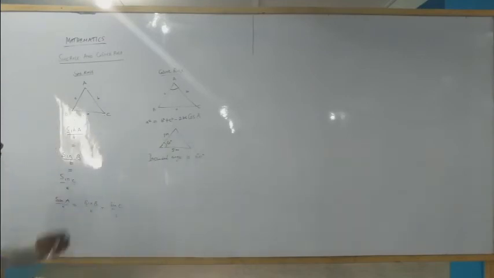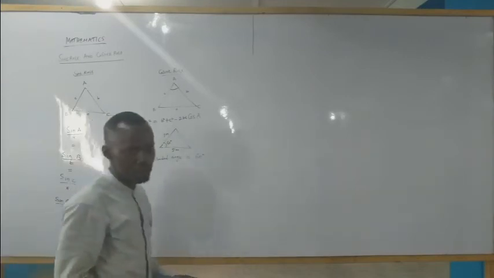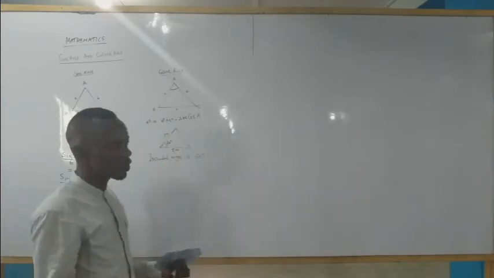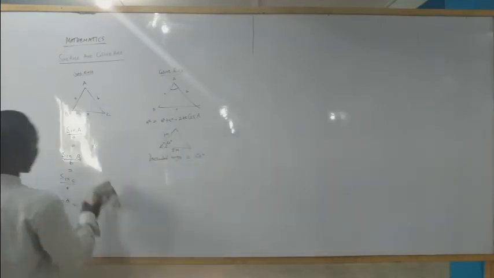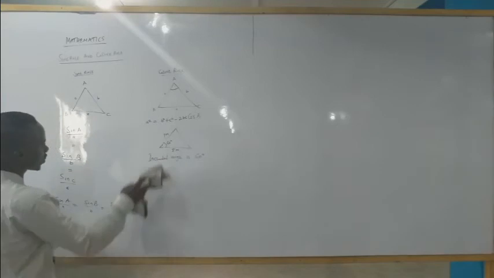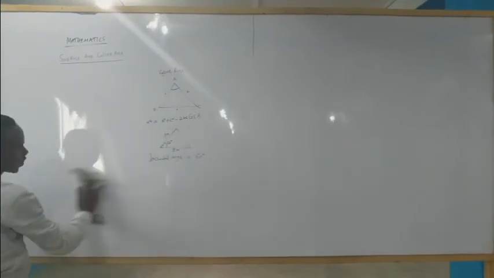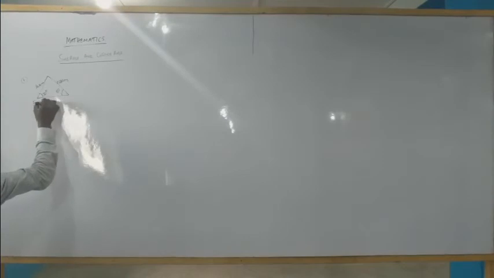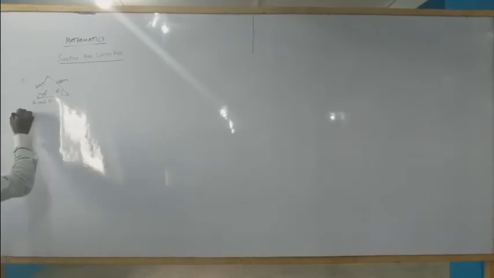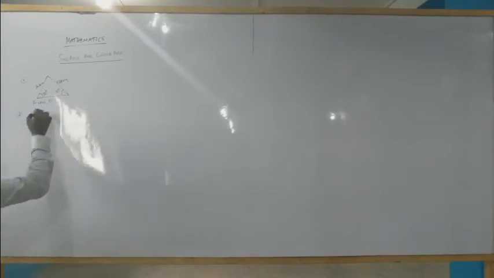So we are going to apply the sine and cosine rule in solving non-right angle triangle questions. Let us see some questions. Find theta. Number 2. Question can also be this.